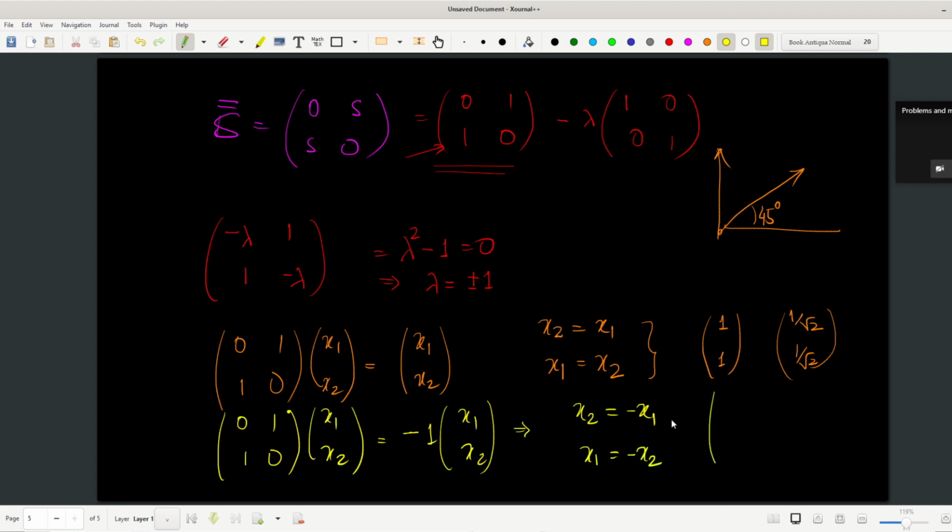So what do we have if we choose x1 equal to 1? We get x2 equal to minus 1. So the normalized version will be 1 upon square root of 2, minus 1 upon square root of 2. So that direction is this direction. So this direction has eigenvalue of minus 1, and this direction has eigenvalue of 1.